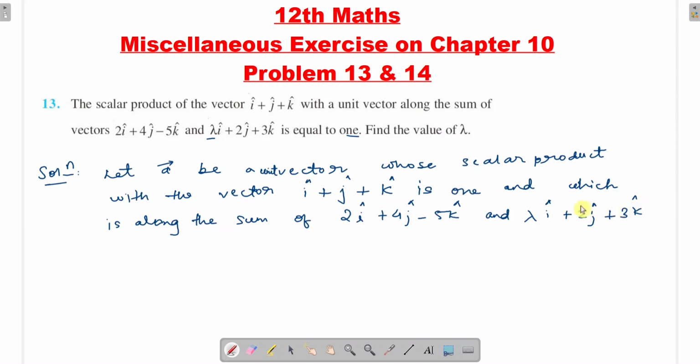So we have considered the condition here. Now let us consider the conditions one by one and see what we get.